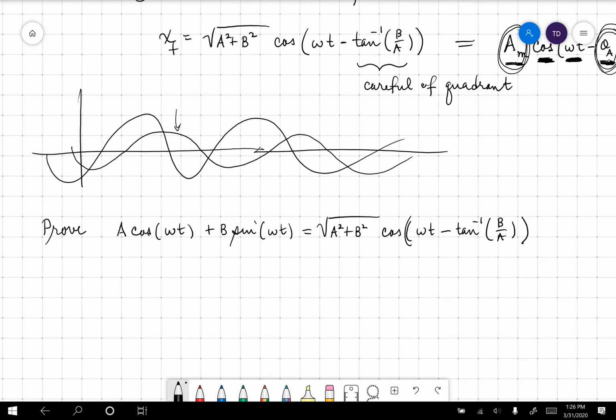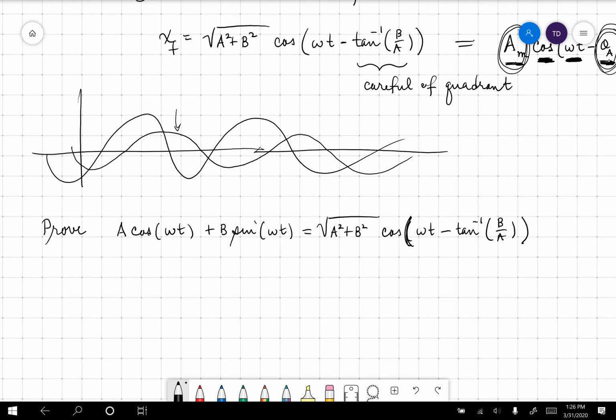It pops up a lot in circuit theory. It pops up a lot in communication theory. So we see these a lot. Cosines are really, really important functions. For those of you who don't know how we send signals through the airwaves, we send those signals on cosines. That's how we do it.